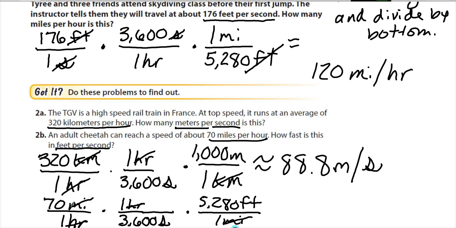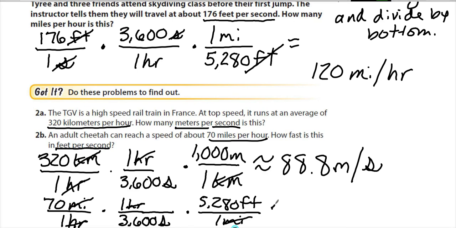Okay, again, same process. You're going to multiply the two numbers on top, so that's going to be 70 times 5,280, and I've got 369,600. We're going to divide that by the bottom number, which is 3,600, and I got 102.6 repeating, so we'll have to round off on that one to 102.7.